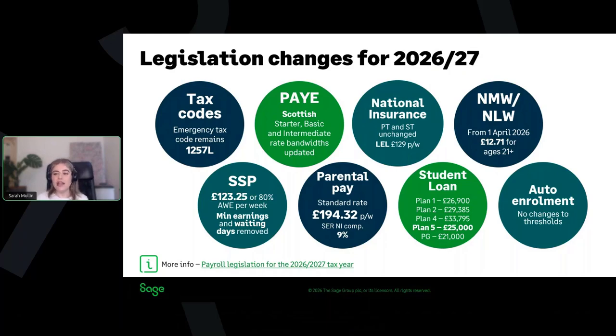So we've seen a rate change of £123.25. But we have also seen big changes with the minimum earnings and waiting days being totally removed. So that rate could either be the £123.25 or 80% of the employee's average weekly earnings since this change. And that is the change that I want to focus on today.